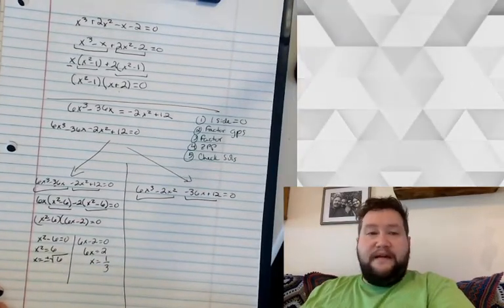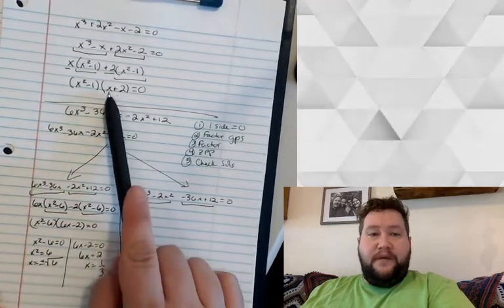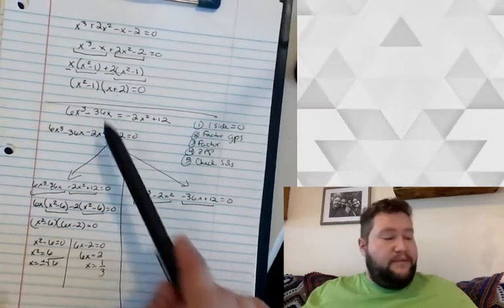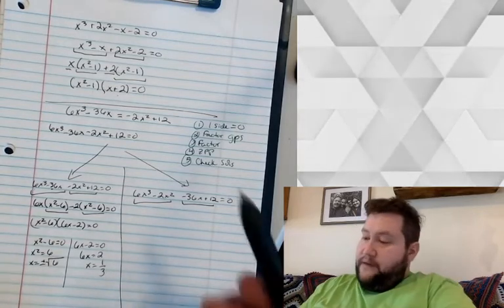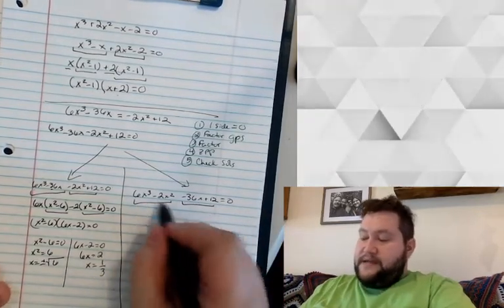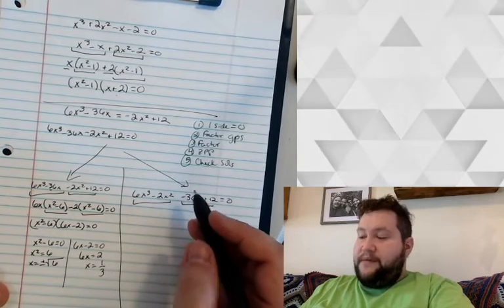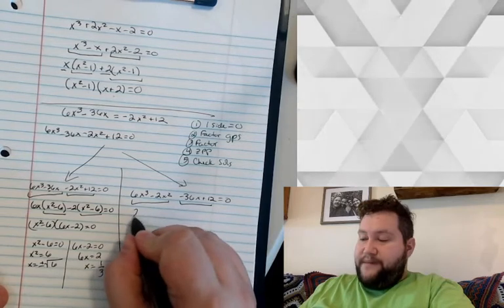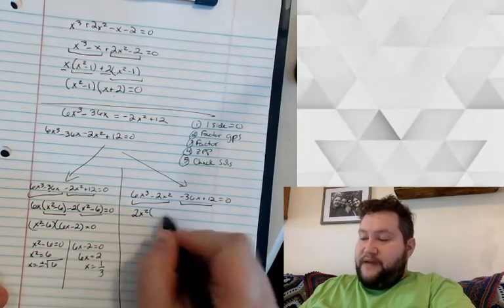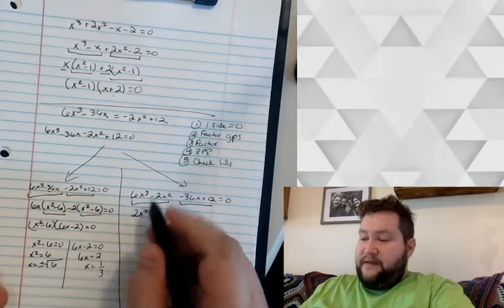Now in our last example up here, we got the same factors. So let's go ahead and proceed with this and see if we'll always get the same factors. So here we have 6x cubed minus 2x squared. Well, common to both is a 2 and an x squared, so 2x squared. So if I take a 2 out of that 6, I'm left with 3.